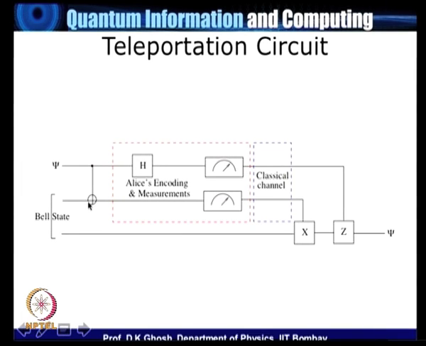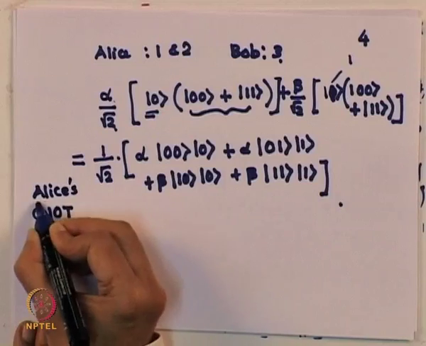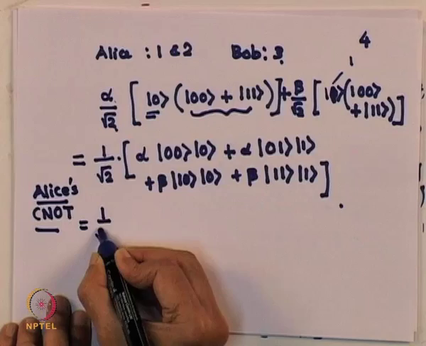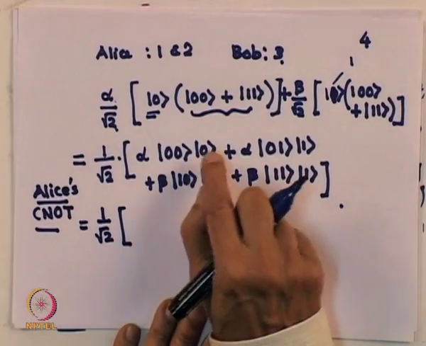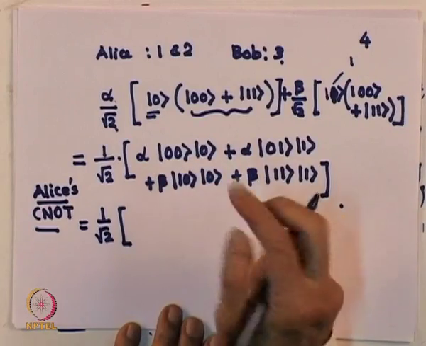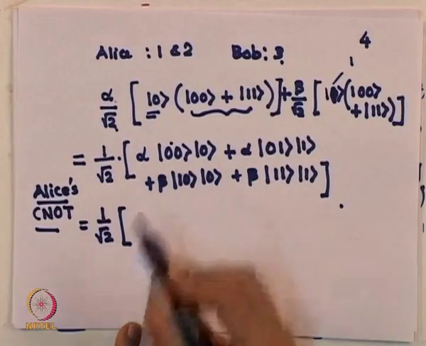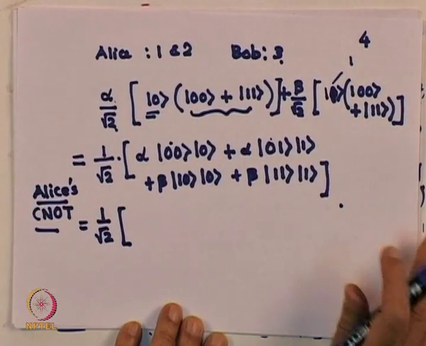You remember the definition of a CNOT. So Alice's CNOT does the following. I have got 1 over root 2. I only concentrate on Alice's section. Since the control bit is 0, nothing happens. So this state remains as it is. So does this state, because here also the control bit is 0.